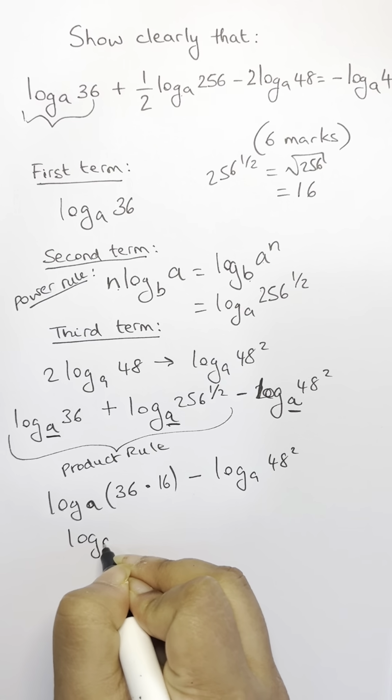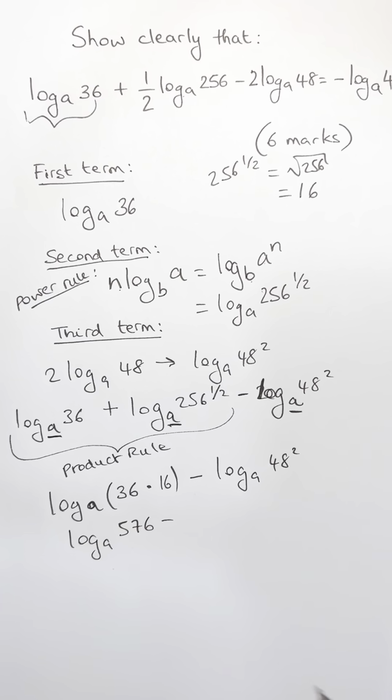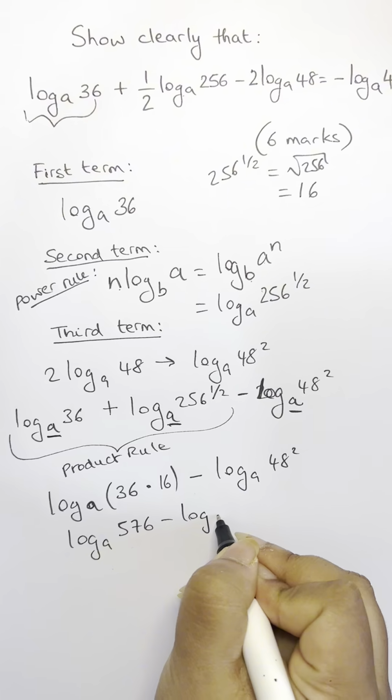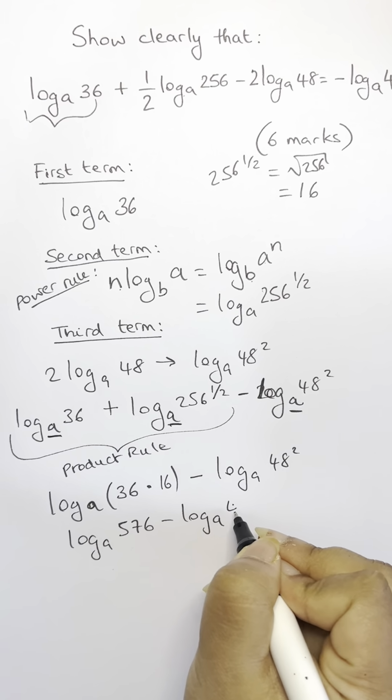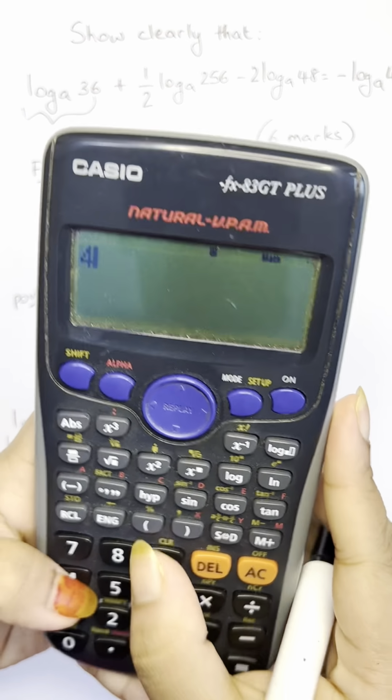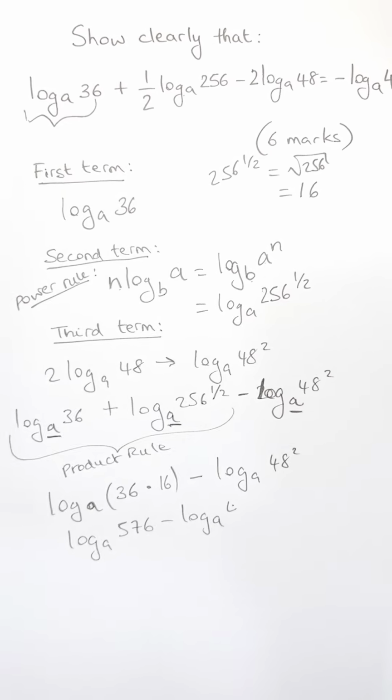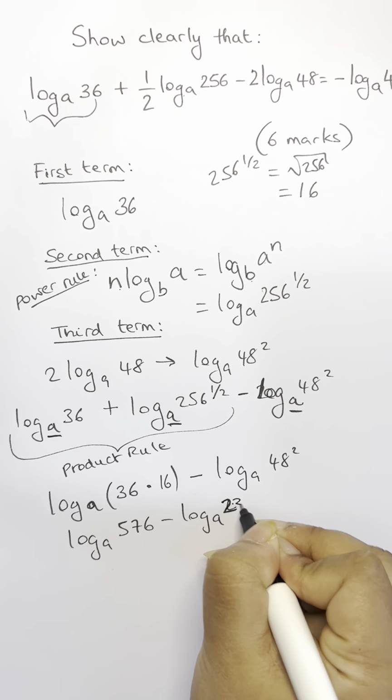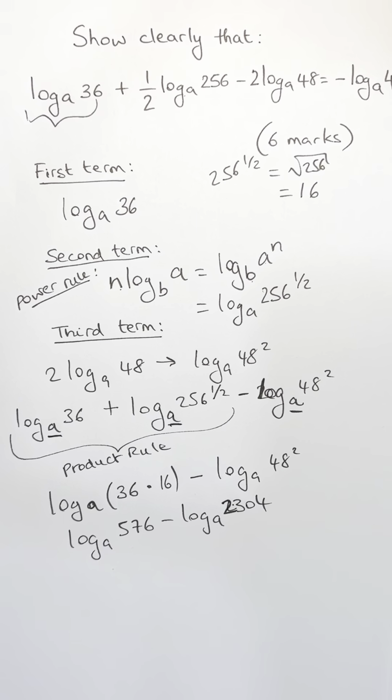So log base a of 576, take away log base a of 48 squared. What's 48 squared? That's 2304.